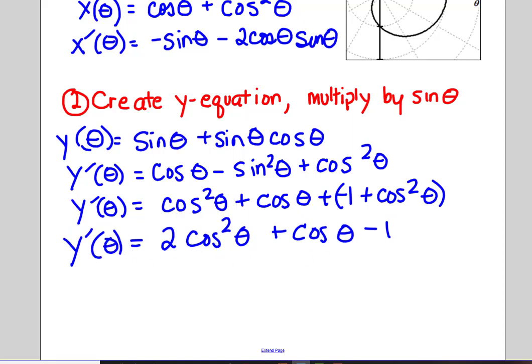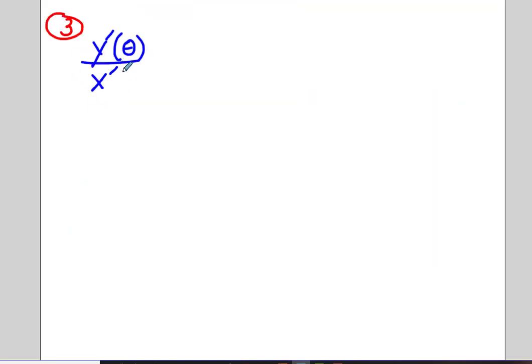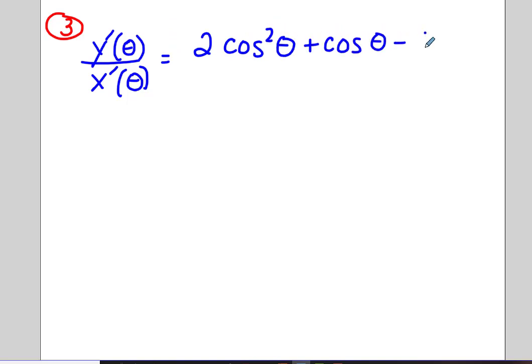So our y prime theta over our x prime theta is going to be 2 cosine squared theta plus cosine theta minus 1, divided by the x prime theta, which was negative sine theta.